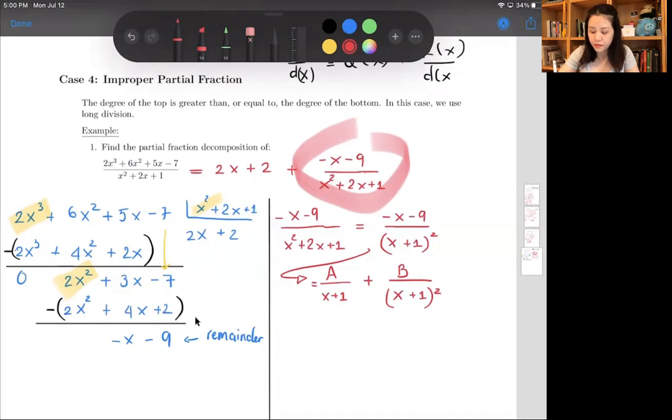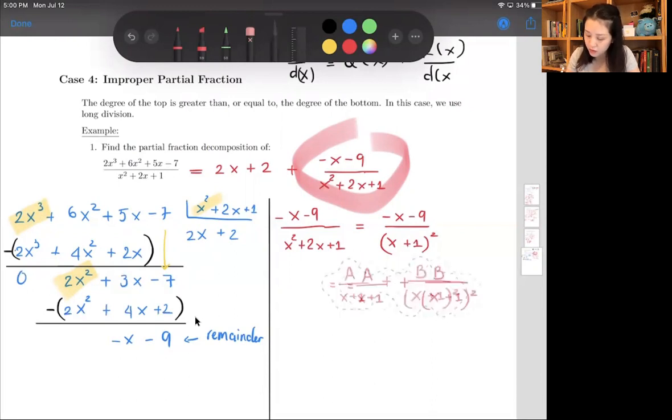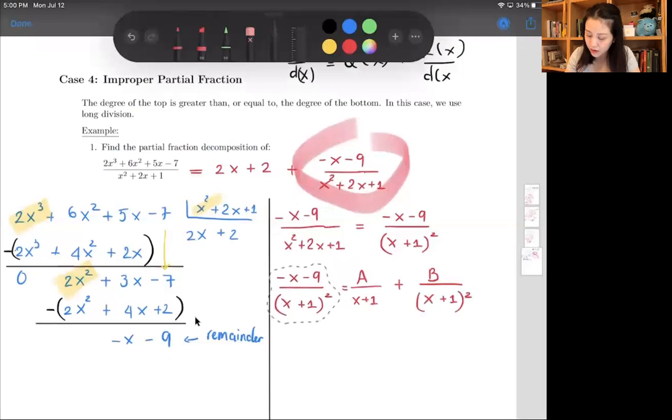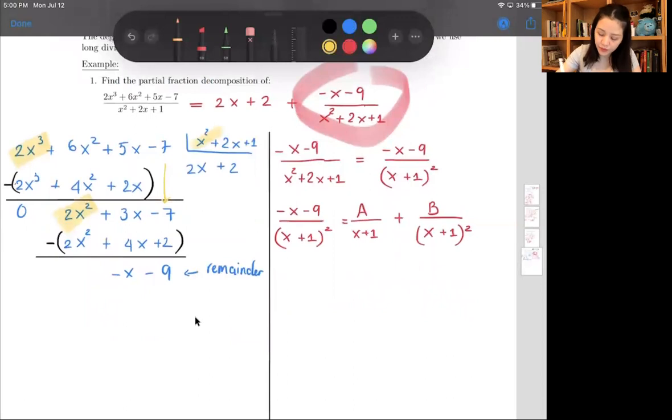Maybe let me bring this down like this so we can do the common denominator. Move this to the right a little bit and duplicate this one. There you go. Okay, it'll look better. The LCD is x plus 1 squared, right?